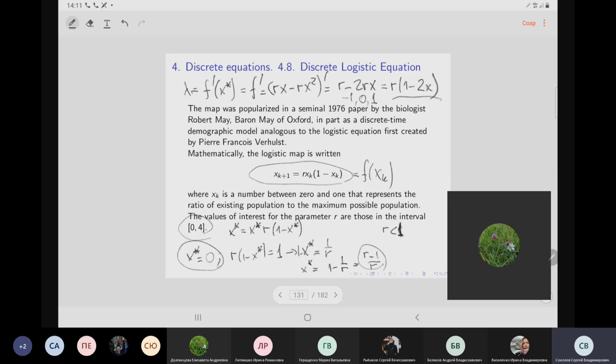First of all, let us apply x equal to 0. For the trivial equilibrium, f prime is just r, and it is stable if r is less than 1.